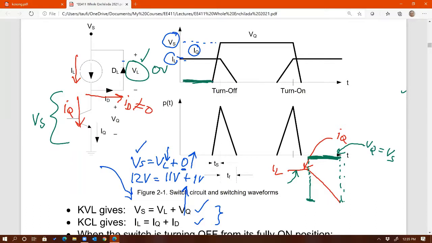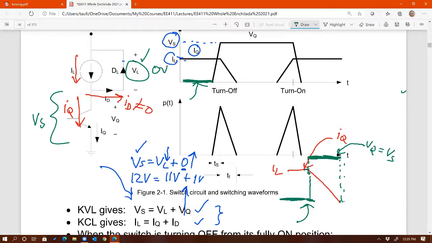When the switch is conducting, its voltage is 0, right? So now I'm going to draw that. Right before this point, the switch voltage is 0.